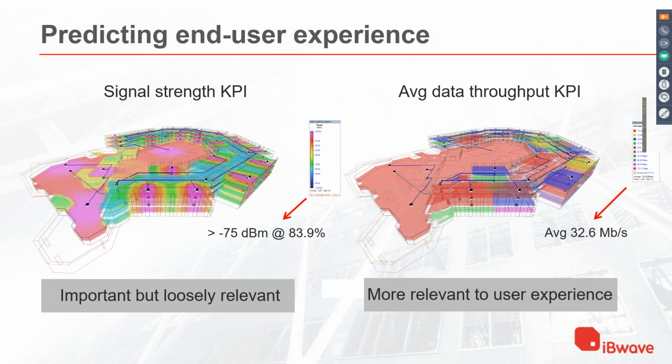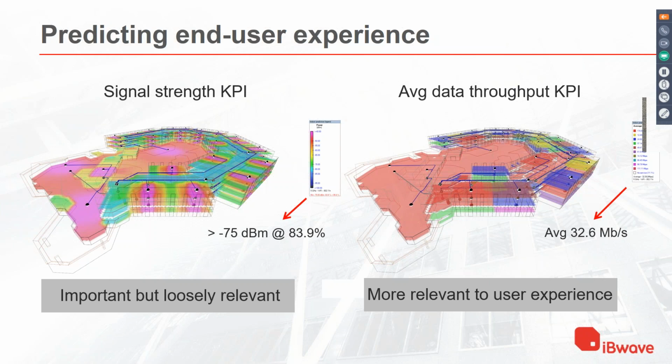And so in this particular case, over the whole venue, the whole area, it's an average of 32.6 megabits per second. And so in some places, the average data throughput is going to be higher. Other places, it's going to be lower. But the average of all that floor, that's what the number is. And there could be different ways to slice this. There can be different ways to measure the average data throughput in terms of a KPI.